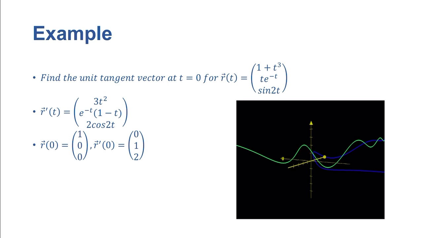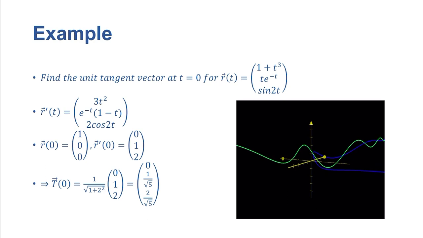Okay, so now this is important because this allows us to determine our tangent vector. Now, our tangent vector is going to be equal to our vector over the magnitude of our vector for the derivative.